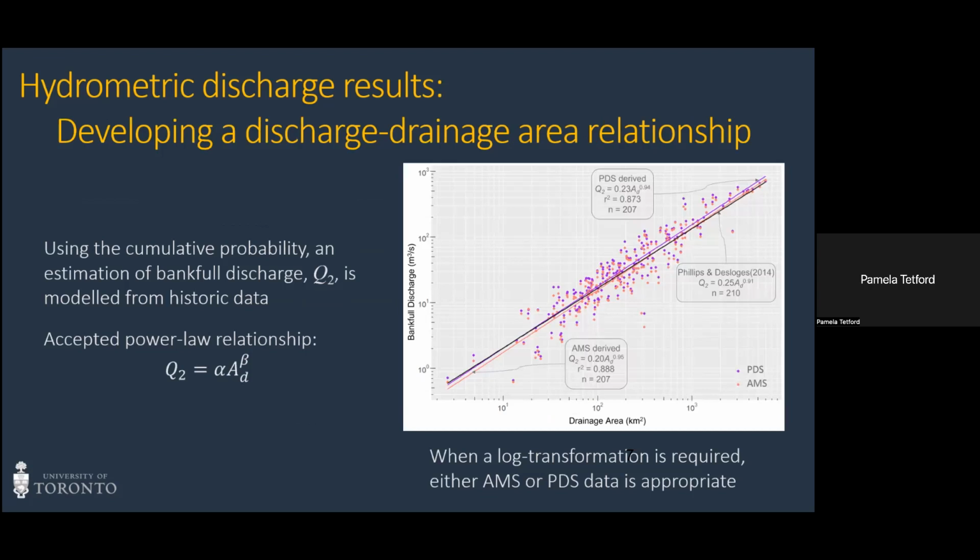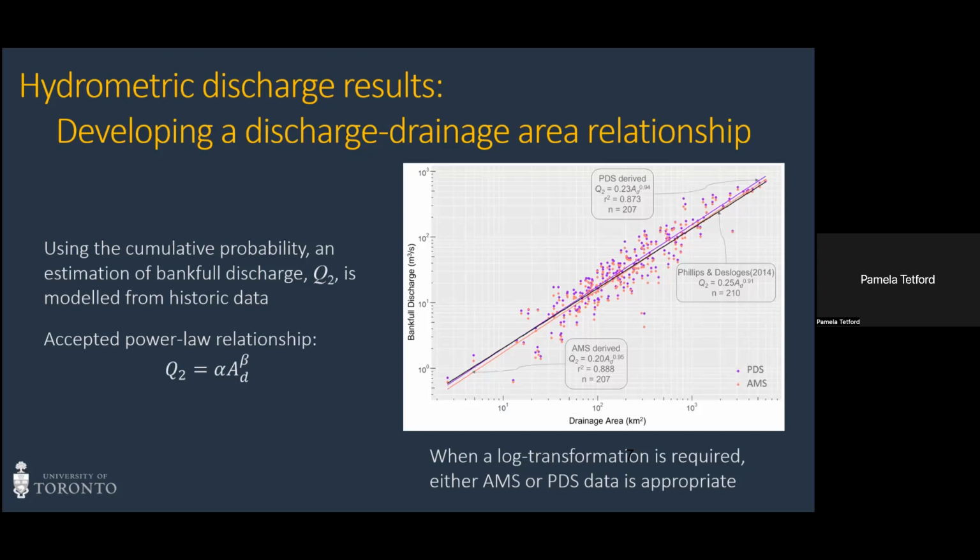So looking at our models then, we used a cumulative probability approach to estimate this 2-year flood recurrence for each gauge station. And then it has been plotted against the cumulative drainage area for each of the gauge stations to develop a discharge drainage area relationship.